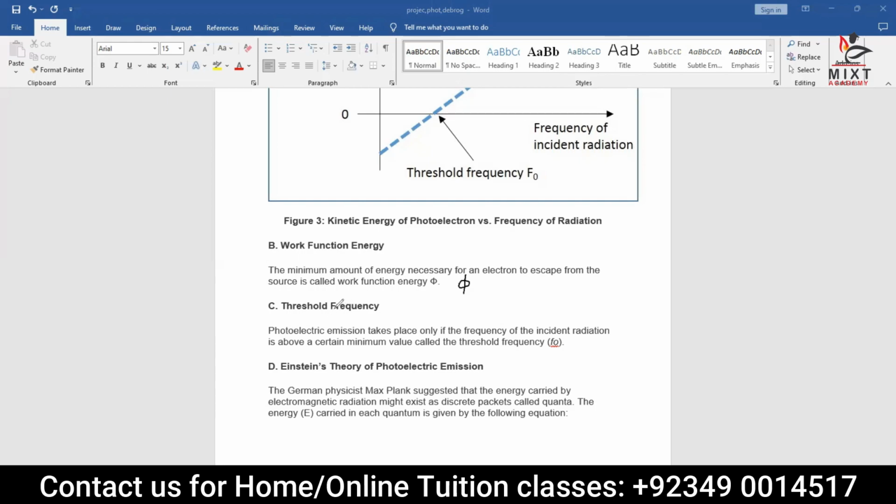So this frequency is called the threshold frequency. I want you to write work function and then threshold frequency, please. Students, any problem in understanding these terms? Work function, threshold frequency? Good. Whatever we went through yesterday is all theory, but I want you to write proper notes so that they will be available when we solve the past papers. Okay.